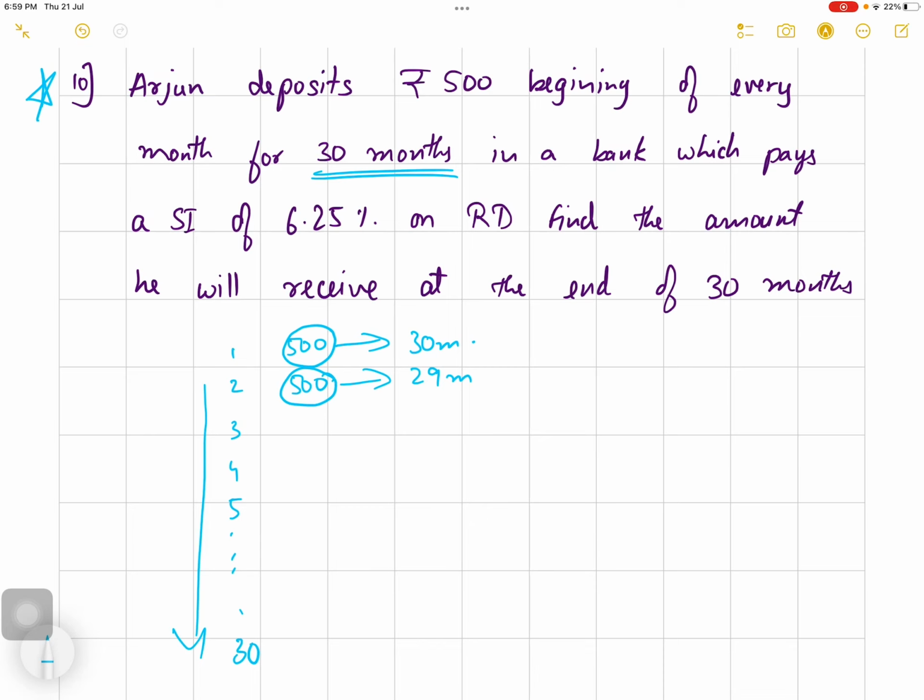So interest on this 500 will be received for the remaining 29 months. In the third month he will deposit 500 again. On this 500 he will receive interest for 28 months.